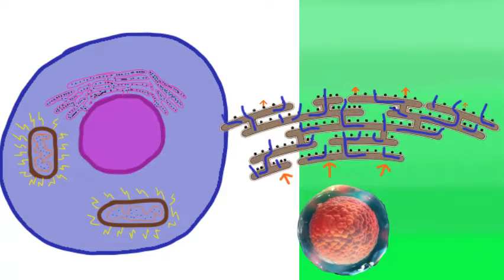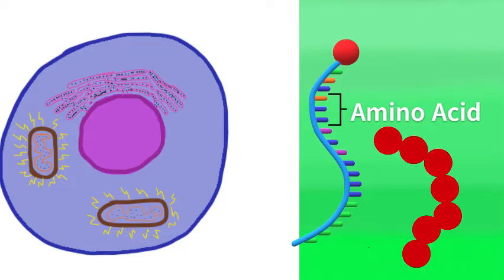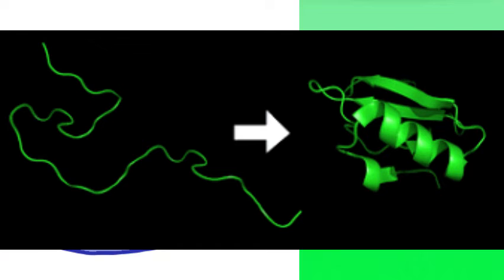These ribosomes read the messenger RNA and translate 3 base pairs at a time, making an amino acid. Then many amino acids are formed together into a polypeptide bond, then fold into structures to create complex proteins that the cell needs.